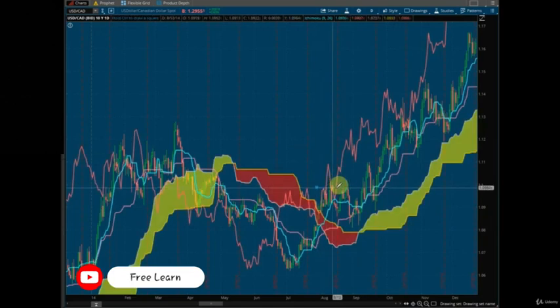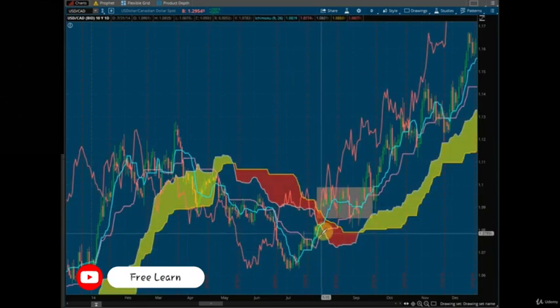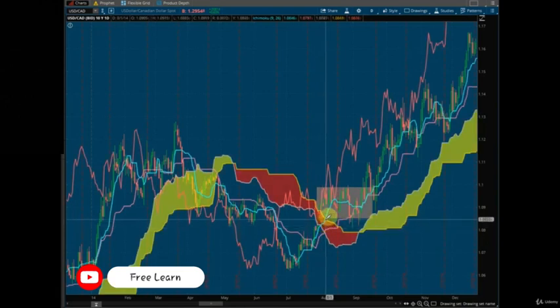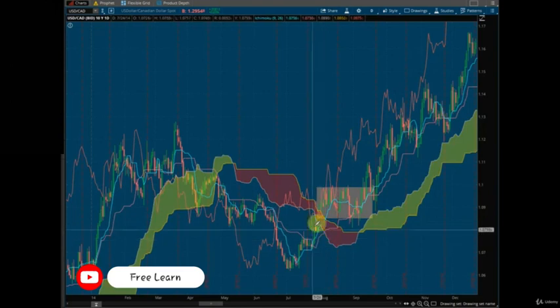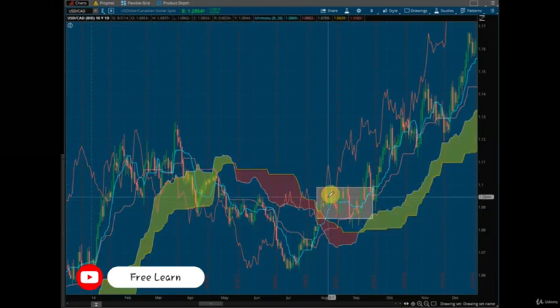Now, ideally, the way to trade these would be in a consolidation here. You can see that we have every Ichimoku indicator that I just talked about, all three of them, which isn't all of them. We'll go over the rest in the next lecture, but you can see that we have the Tenkan-sen crossing the Kijun-sen, and then we have the price crossing span A and span B, which is the cloud.